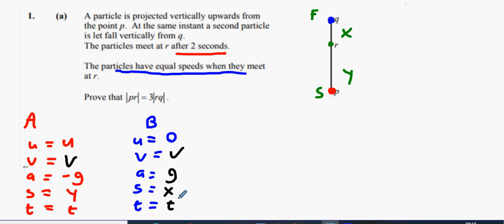Okay. So, where to go after all this? I suppose we could try V equals U plus AT for both of them. Let's find out. So, velocity of A is going to be U plus AT. What's U plus AT in this case?